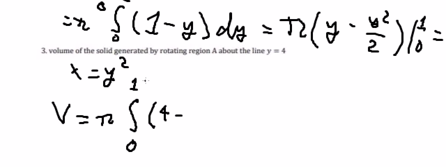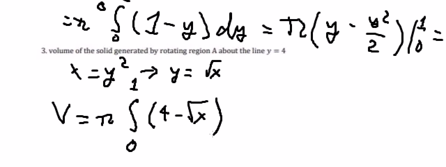So we have 4, and we minus this curve here. Now we need to convert this one into y equal to the square root of x. So we put the square root of x here, to the power of 2, minus 4 minus 1.